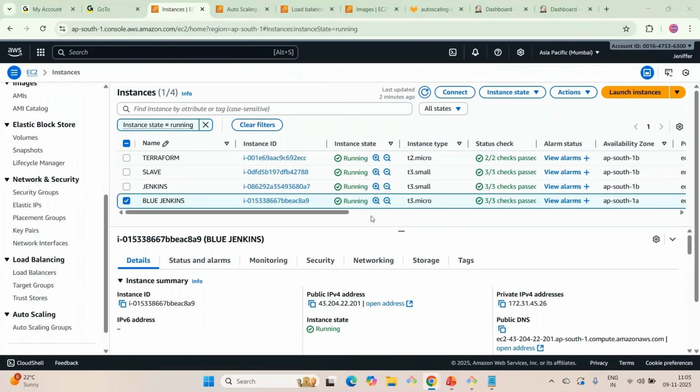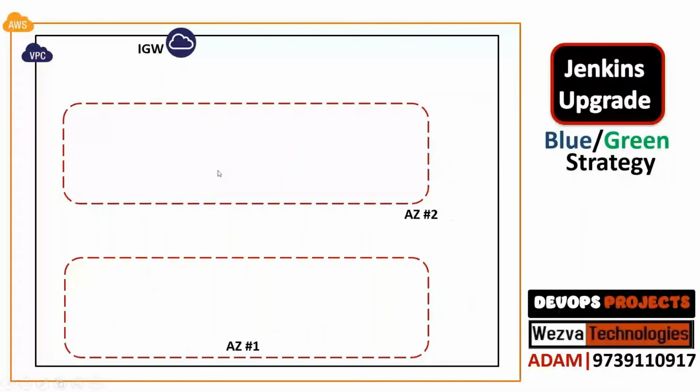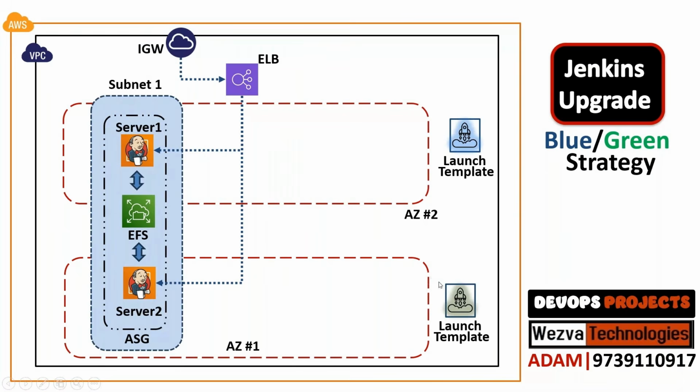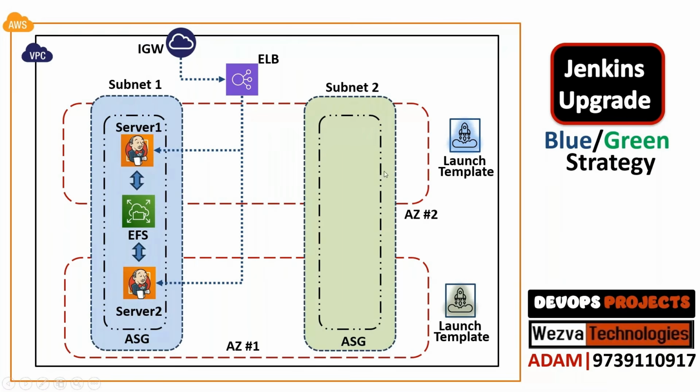So you have to go back to the same blue-green strategy, which is why it's important. Now let's assume I have a current Jenkins running. This time I am not talking about creating a new AMI. It's the same AMI, but the machine type is different. So even in that scenario, use the blue-green method, in which you create another template for green, but this time you refer to the same AMI, and instead of the older capacity, use a new capacity, that is a larger machine that you have decided.